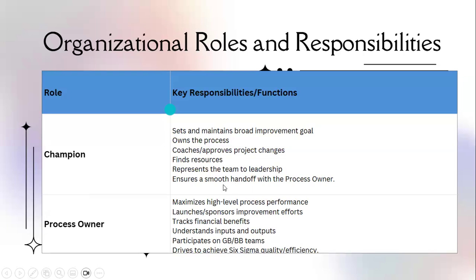Ensure smooth handoff with the process owner. Say, for example, how it will work. Whenever you want to do any project in overall settings, right? There will be an MBB or a champion who will take the Six Sigma team, and then they will create a project. Once a project is ready, they will hand it over to the project owners, the process owners. Say, for example, I'm taking any one of your clients, right?